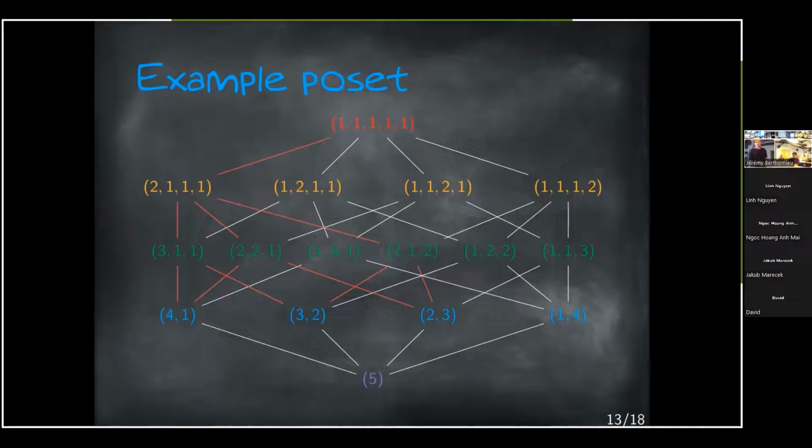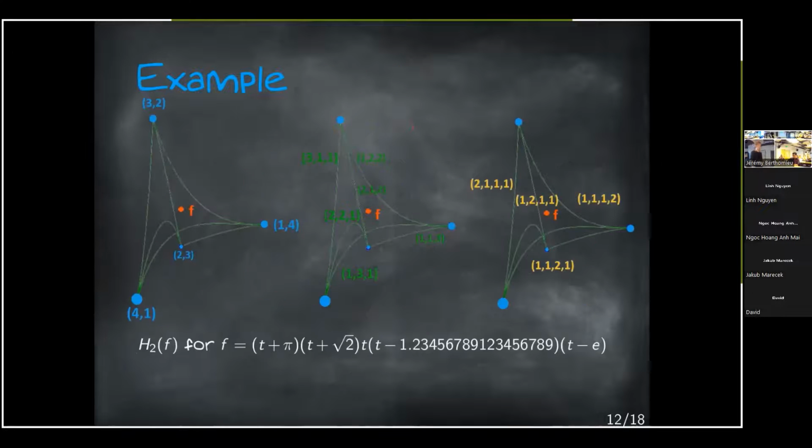So if you look at the picture again, you see this two-dimensional thing and its corresponding boundary. These three green lines with compositions 3, 1, 1, 2, 2, 1, and 2, 1, 2, just as we would like. So it's something that we'll see works well in general.